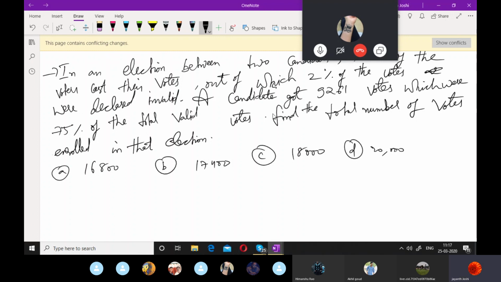Do you know the total number of votes? We don't know. We'll take it as X. Okay. So in this question, if I tell you directly take this, that doesn't make sense because there are four figures given. These are very big figures, and if you take these big figures, that means every time you need to take one figure and try to match.